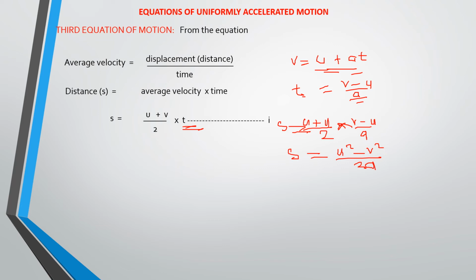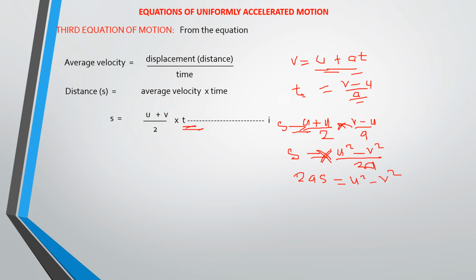So you can do your rearrangement, or cross multiplication, to have 2aS equals v squared minus u squared.